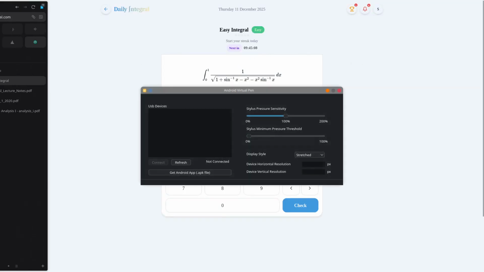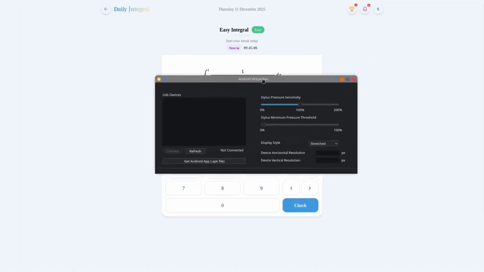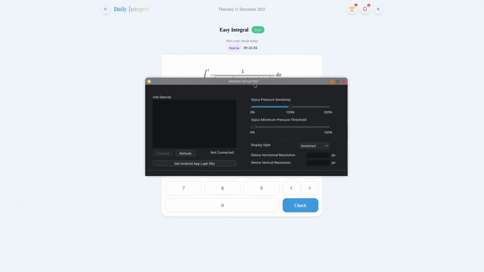Virtual Android pen, there we go. Seeing this doesn't even matter, because no one's going to dox me through that somehow, and if they did, honestly, bravo, that's actually kind of impressive. I also need to connect with the USB cable, which means I lose one cable and another cable.